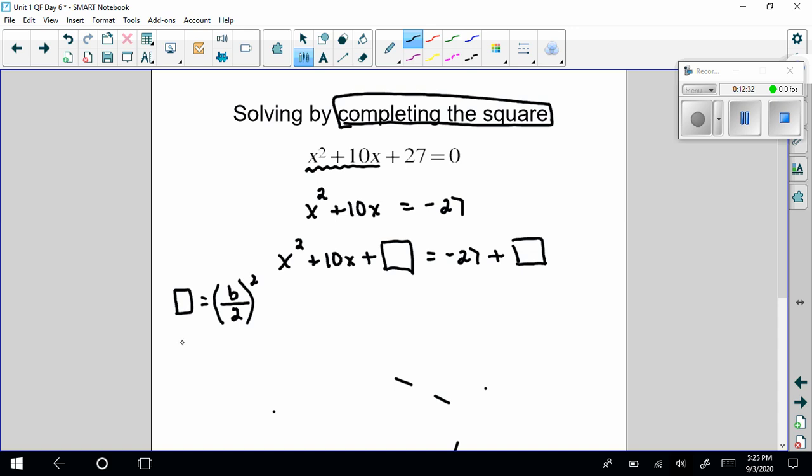Okay, so I'm going to have the box equal to 10 divided by 2 squared. So my box is equal to 25.